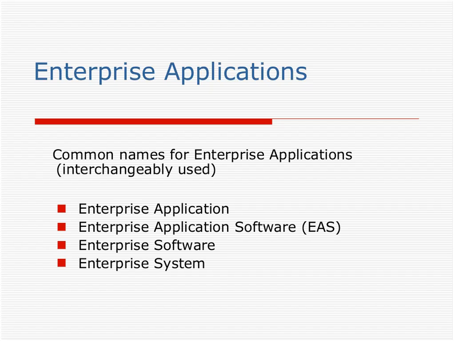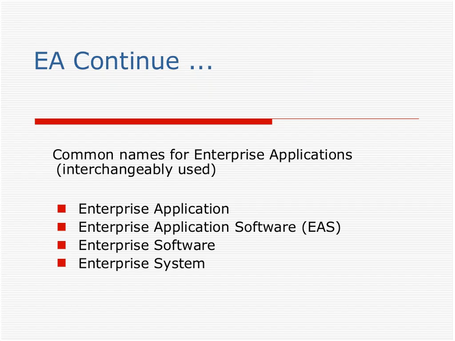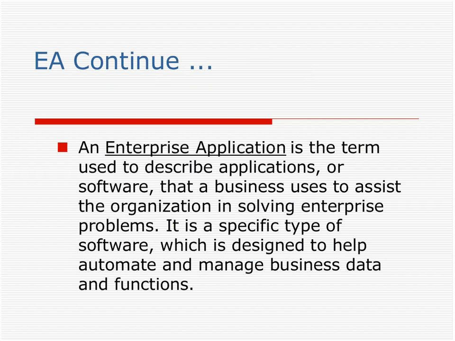Okay, we move to the next slide. Here is the definition of enterprise application. And as you see in the slide, it is a term used to describe applications or software that a business uses to assist the organization in solving enterprise problems. It is a specific type of software which is designed to help automate and manage business data and action.